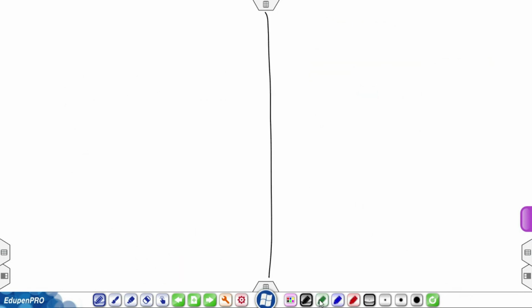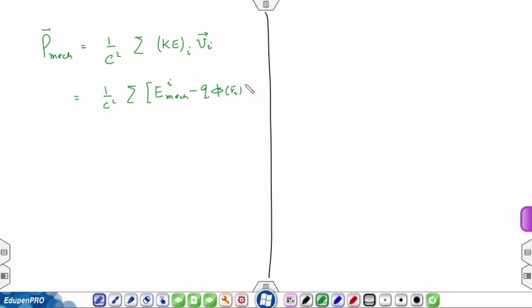So I have written relativistically that P mechanical is equal to 1 over c square summation kinetic energy of the ith particle times v_i. Notice I have already used the relativistic expression. So this I can write as 1 over c square, where kinetic energy of the ith particle will be E mechanical for the ith particle minus q phi at that particle position r_i, times v_i.